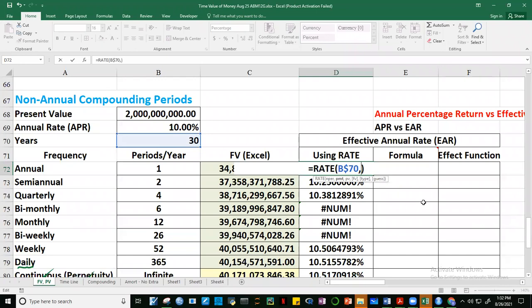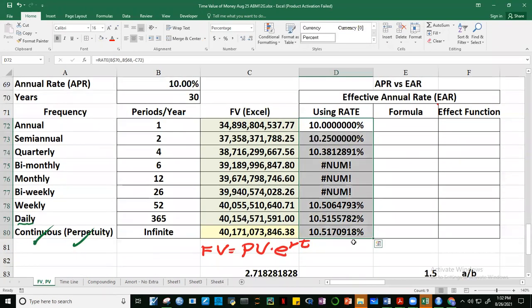Comma, PMT is none, PV is this one. Then we fix that also. Then comma, FV natin is this one. Then there should be a negative here para opposite yung direction ng cash flow natin. Control Enter. Then copy down.